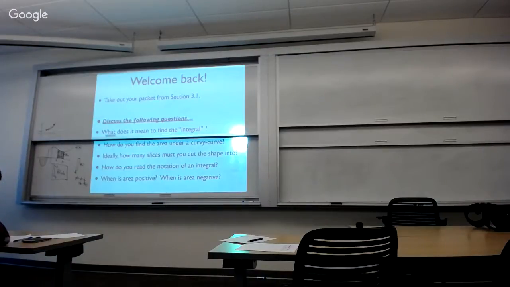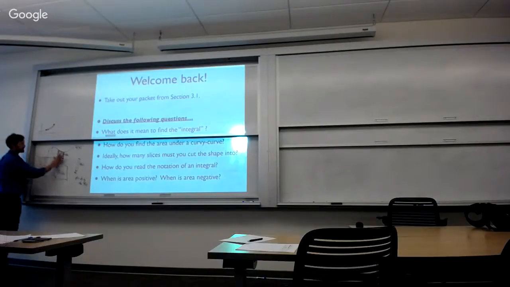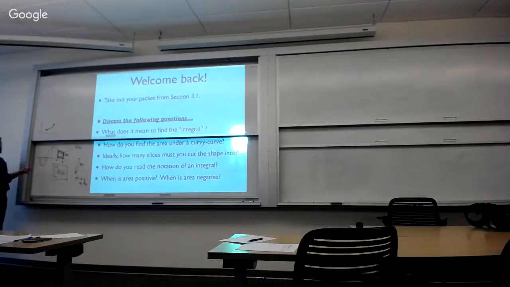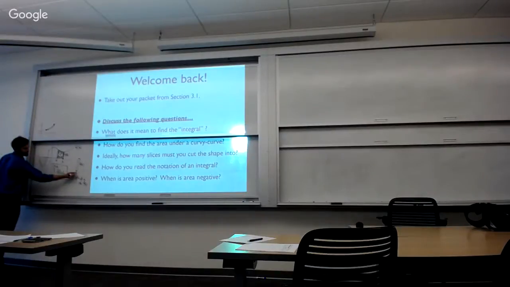Finally, when is the area positive and when is the area negative? Which one of these areas is positive and which one is negative? Yeah, above the x-axis is positive, below the x-axis is negative. This is a convention, but it also makes sense because this infinitely small width is positive. Width is always positive.